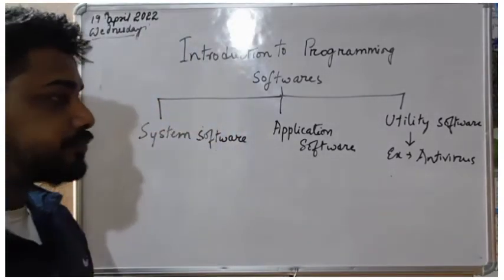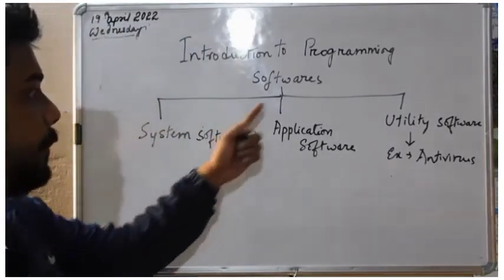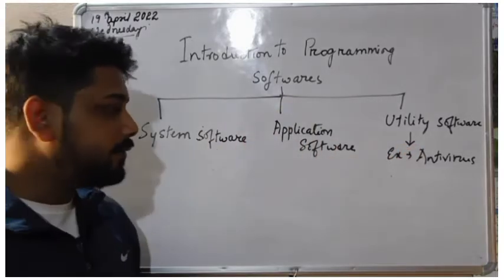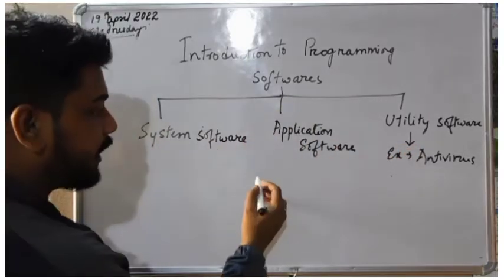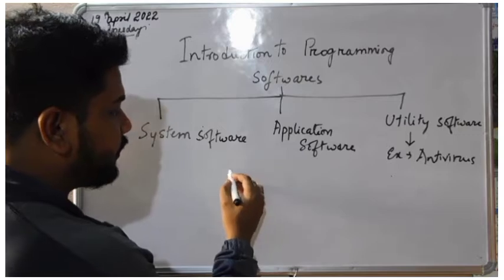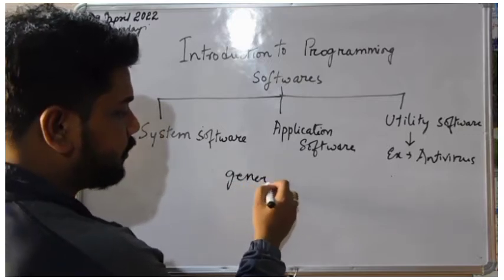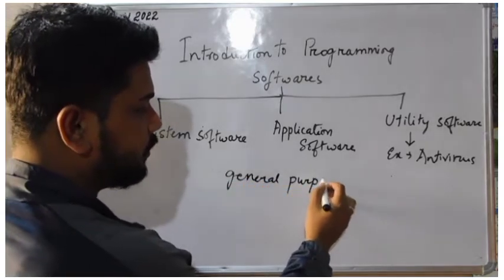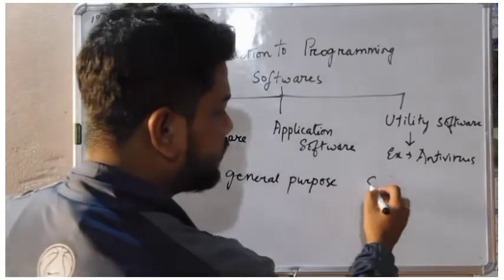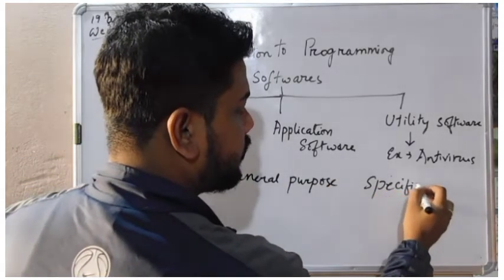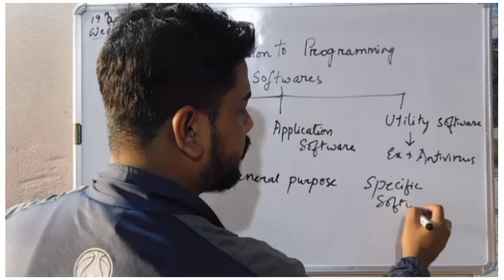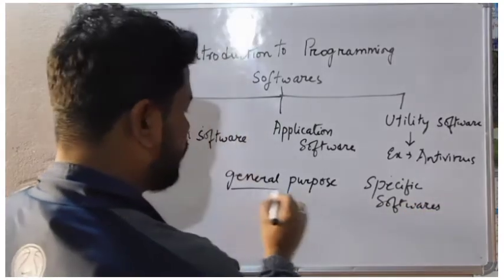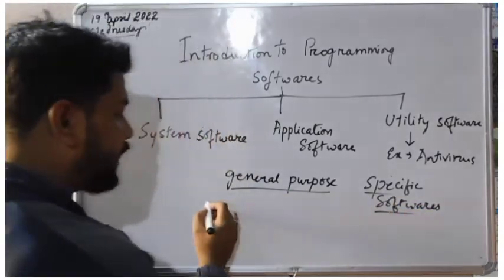Now, apart from these three kinds of software, we have again a categorization of two things: one is general purpose and another is specific software. Let me give you an example.